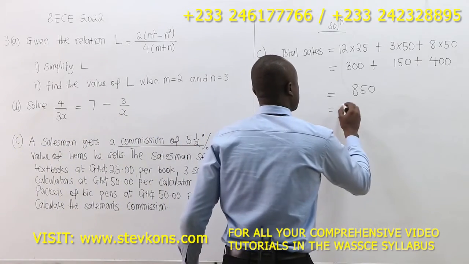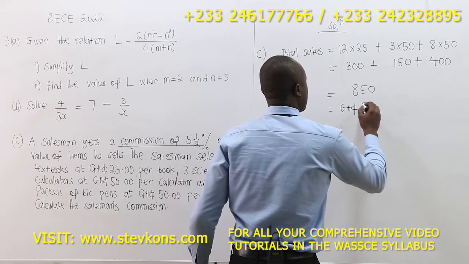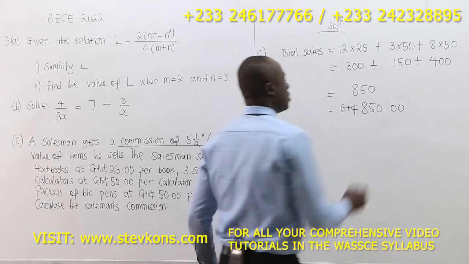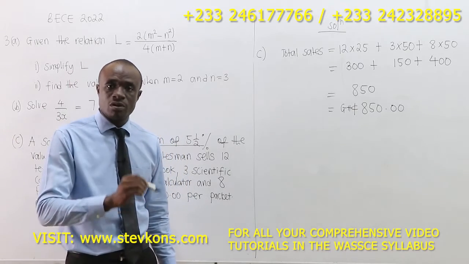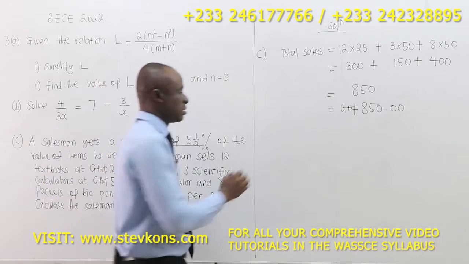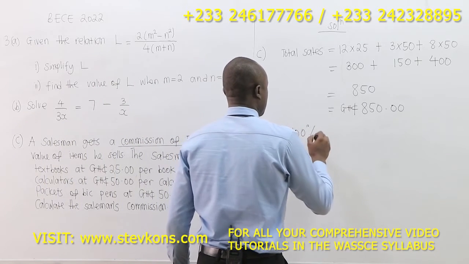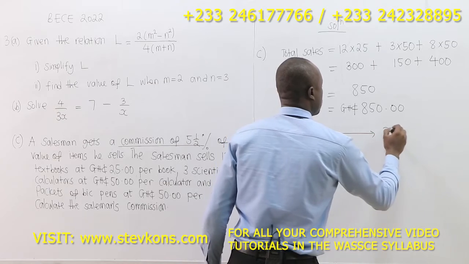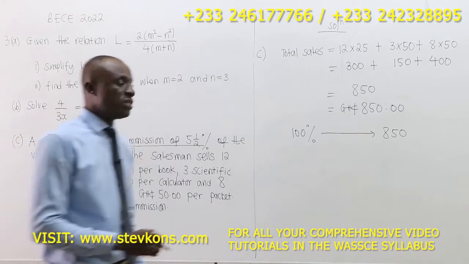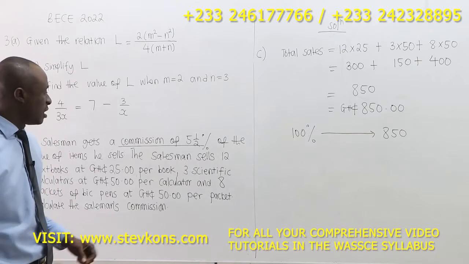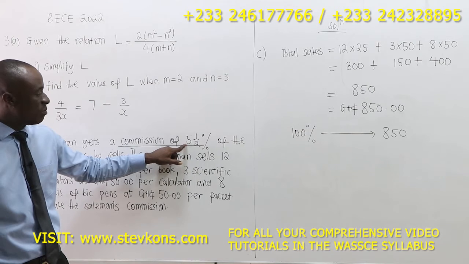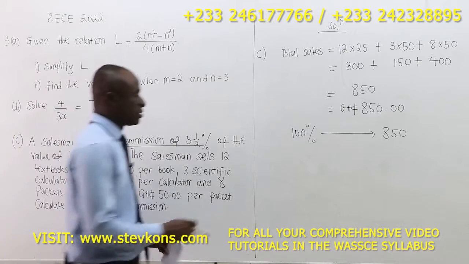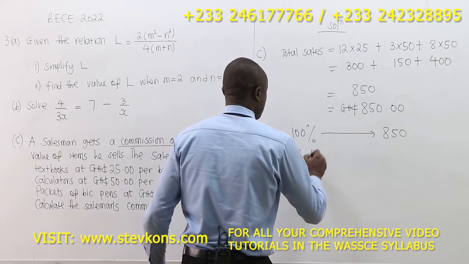Because it's currency, let's put in Ghana cedis, to 2 decimal places. Now, 100% always maps only to the total sales. So 100% is mapping to the total sales, which is 850 cedis. What is the commission that he's getting? 5.5 is 11 over 2, so we have 11 over 2%.